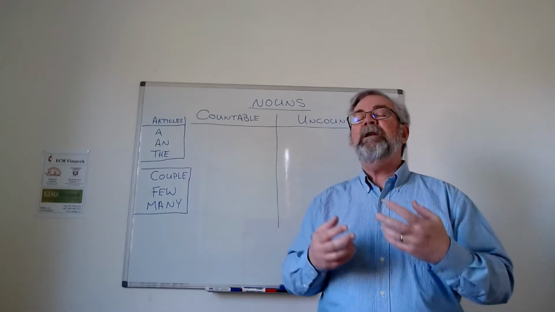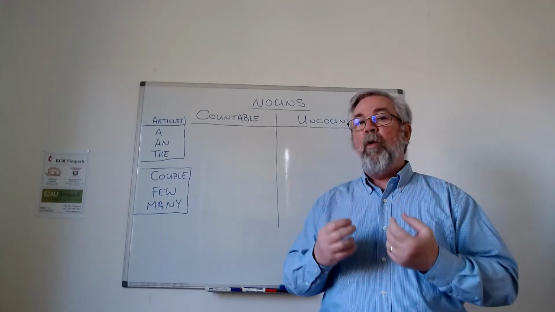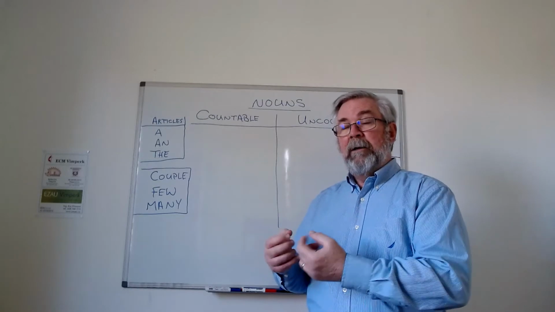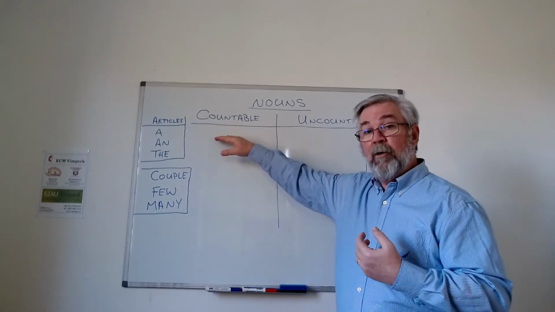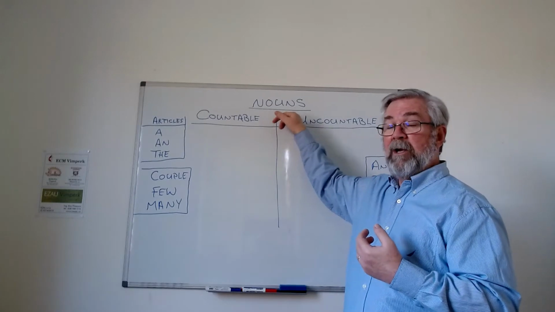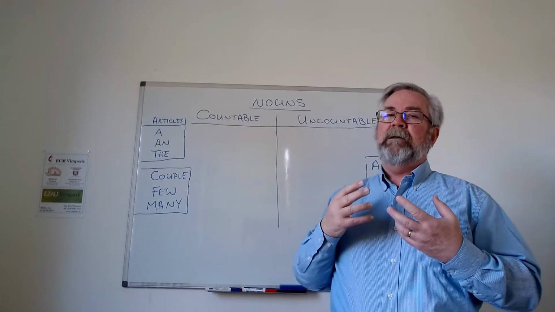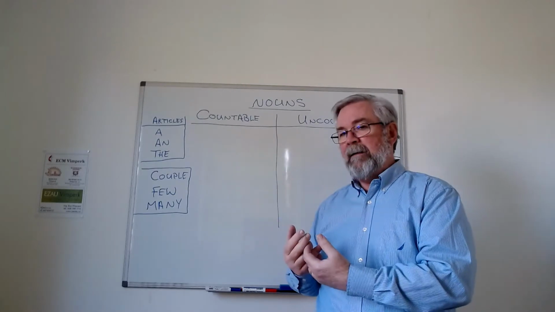How do we treat them when we want to put a quantity to the noun? So we have what we call countable nouns and uncountable nouns. What this means is how you treat the noun and how you are going to talk about that noun.